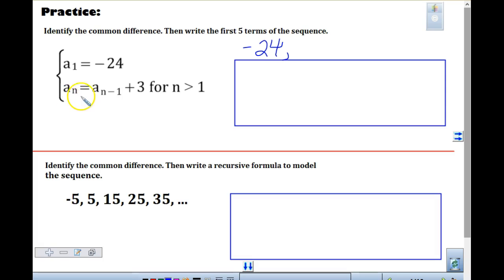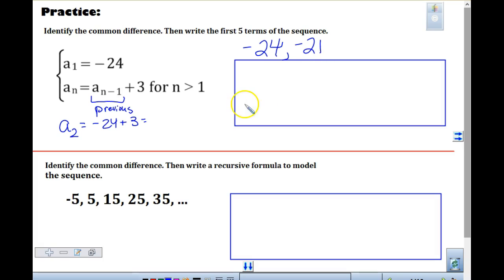This is telling me that my rule is to take the previous and add 3. Which means if I am finding a sub 2, I am taking negative 24 and adding 3, which gives me negative 21.